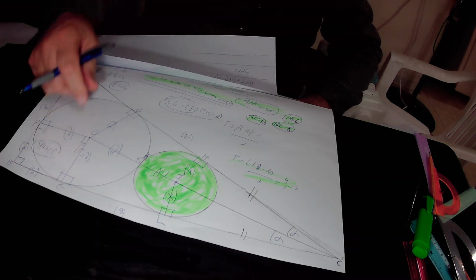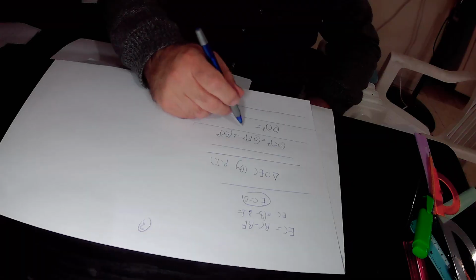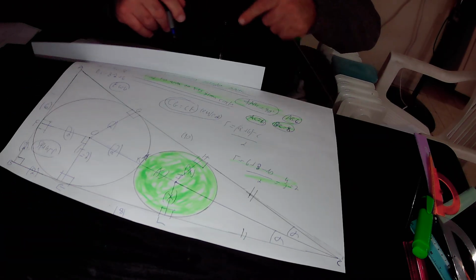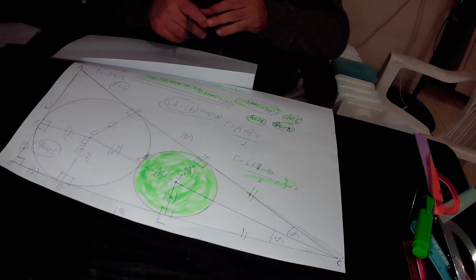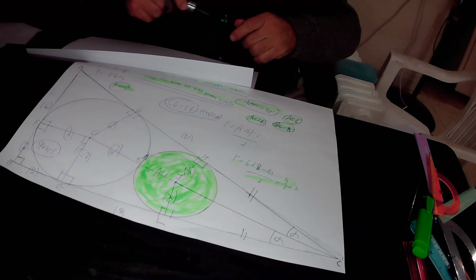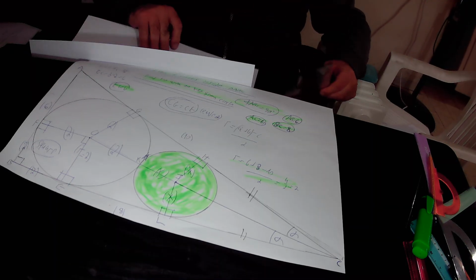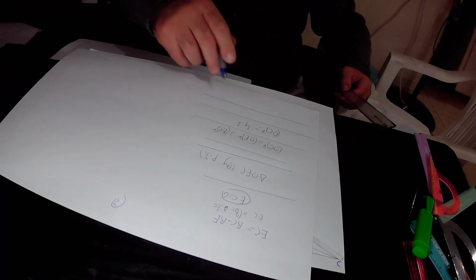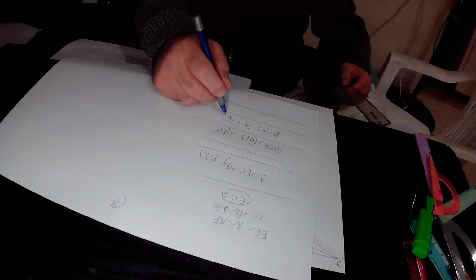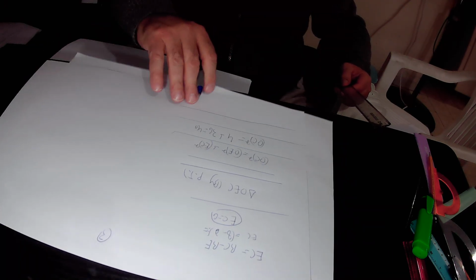OE is 2, therefore OE square is 2 squared, this is 4, plus EC square. We just found out that EC equals 6, and therefore EC square is 6 squared, that is 36. So 4 plus 36 is 40. So in total, we found out that OC square equals 40.